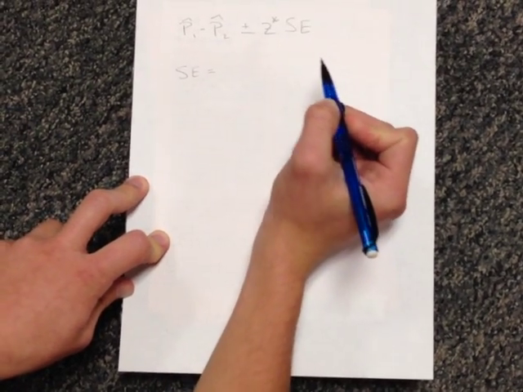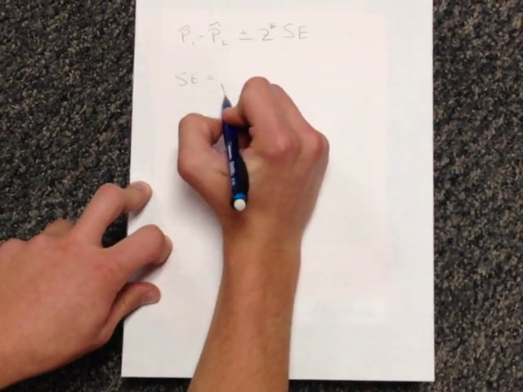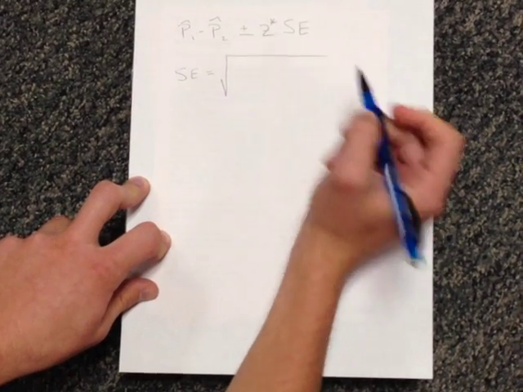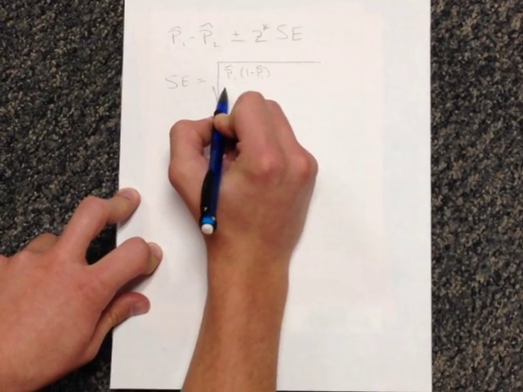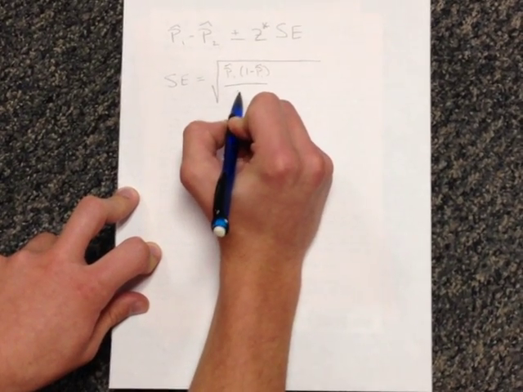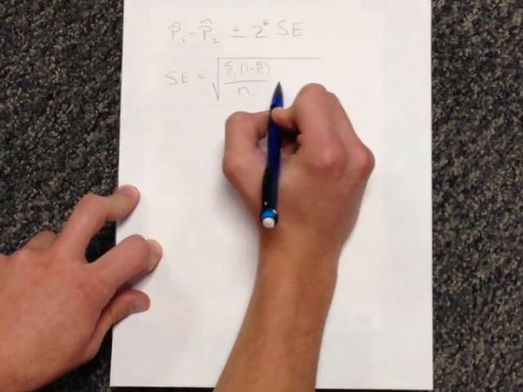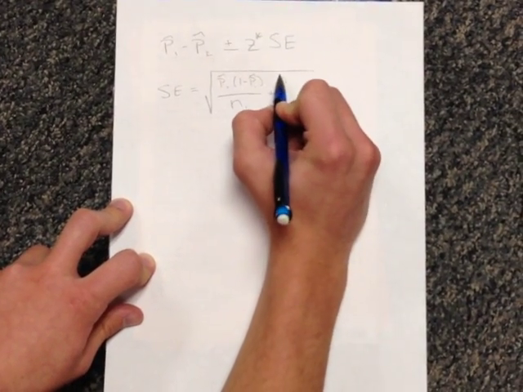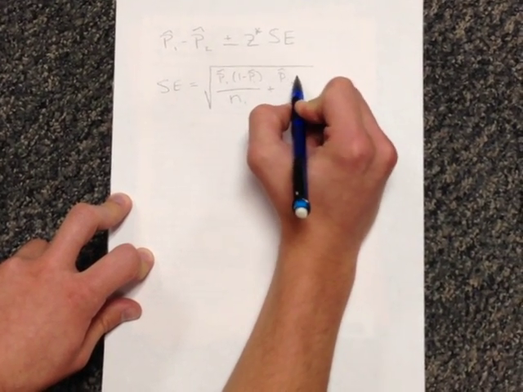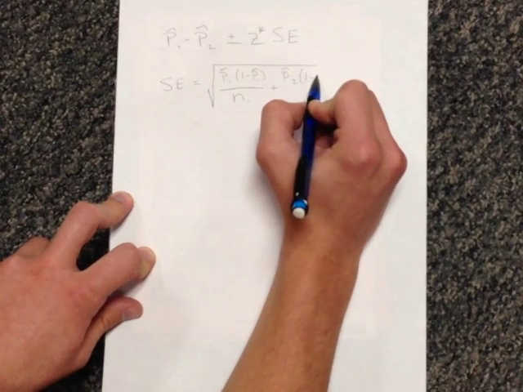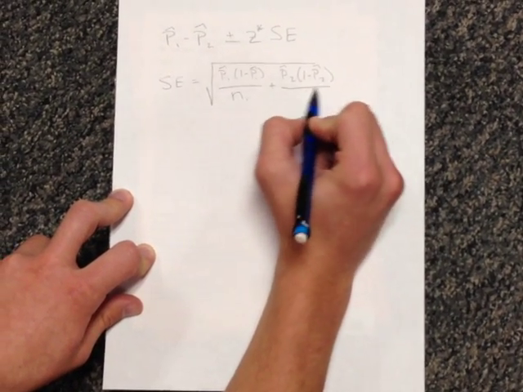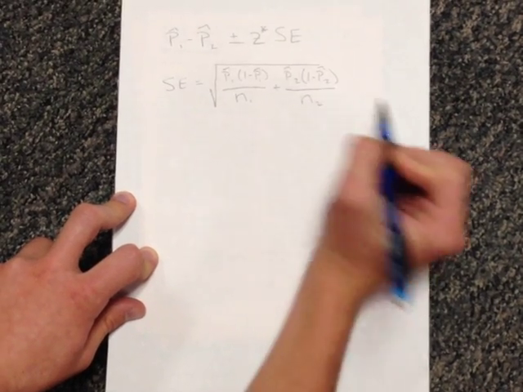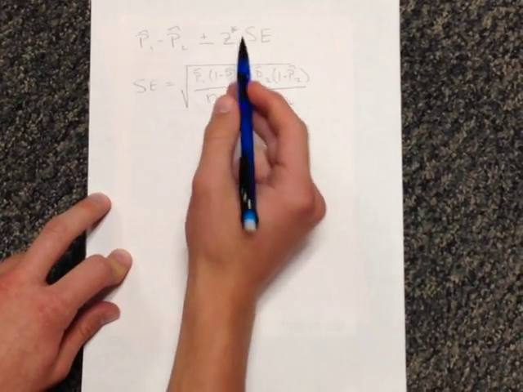To find your standard error, you use the square root of p hat 1 times 1 minus p hat 1 over n1, plus p hat 2 times 1 minus p hat 2, all over n2. Of course, n is your sample size in each situation, for each proportion.